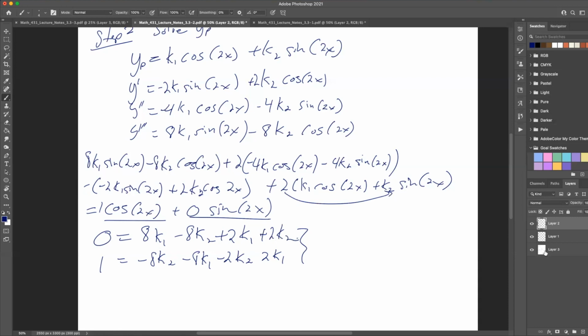And so then you just chunk it through a calculator, and you should get that k1 is equal to minus 1/20th, and then k2 is equal to minus 1/20th. Did I do this right? I'm going to double check.